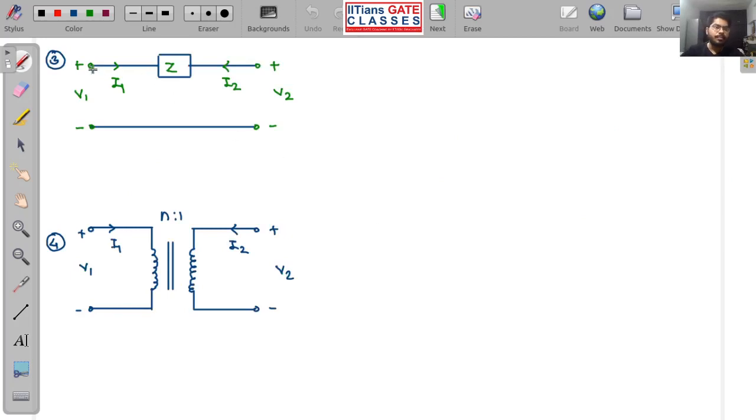Now come here. For this third circuit, what do you see? What is the Z parameter for this circuit? Think for 10 seconds. You can see I1 is equal to minus I2. That means I1 is equal to a function of I2.